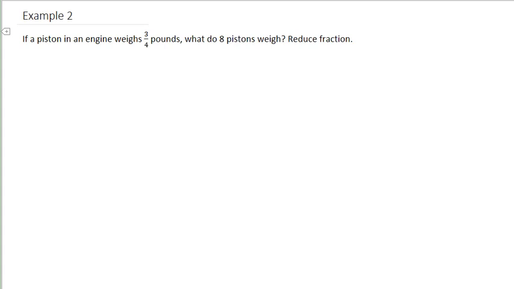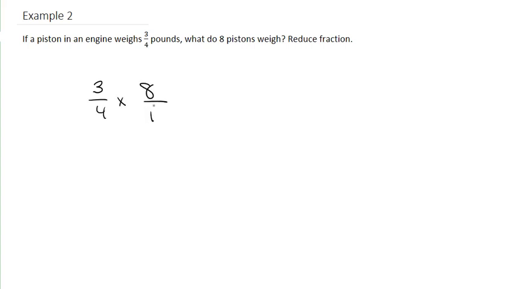Example 2. If a piston in an engine weighs 3/4 pounds, what do 8 pistons weigh? So here we have a multiplication. We're going to multiply 3/4 times 8. I'm going to put this over 1, like we said that we can do that with whole numbers. So now we can multiply the top two numbers, and then we'll multiply the bottom two numbers.